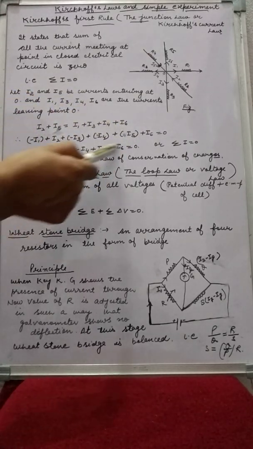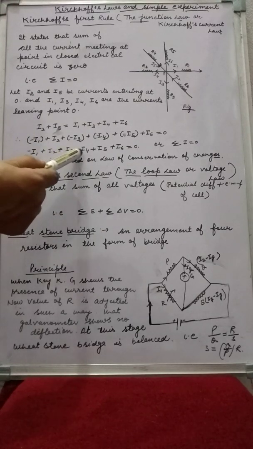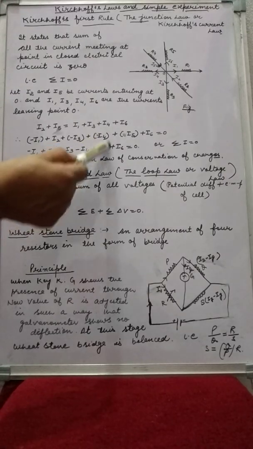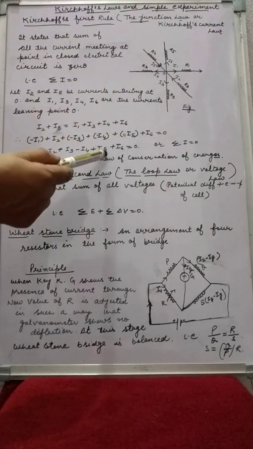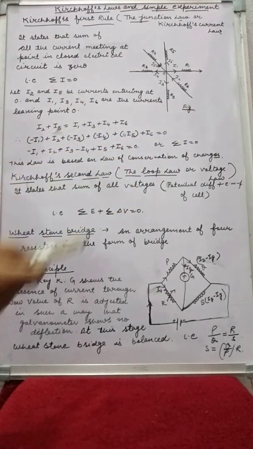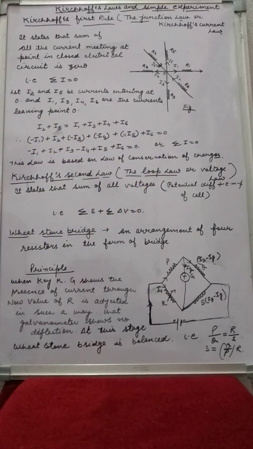The sum of all these currents, that is minus I1 plus I2 minus I3 minus I4 plus I5 minus I6, is equal to 0, or summation I is equal to 0. The sum of these currents is equal to 0.